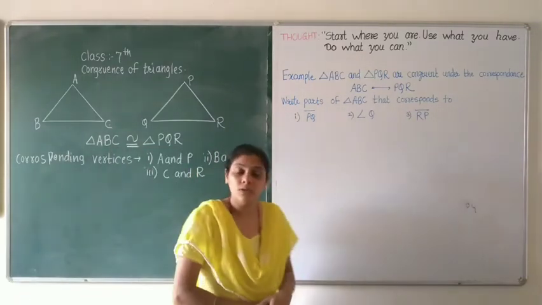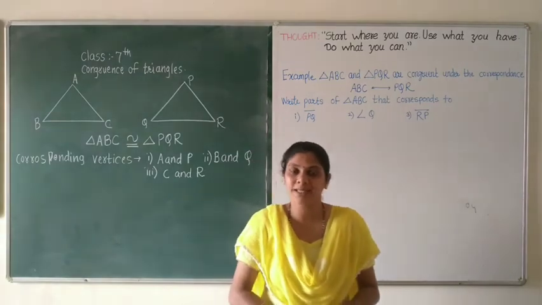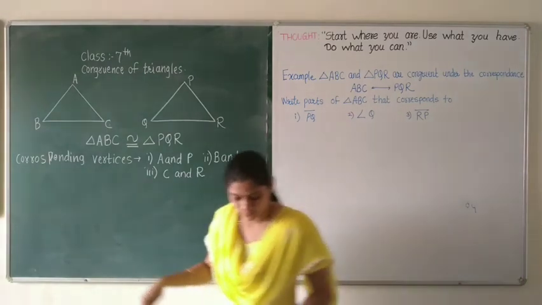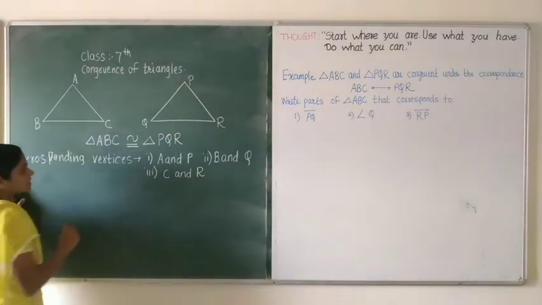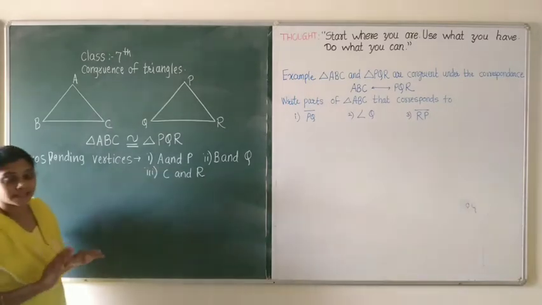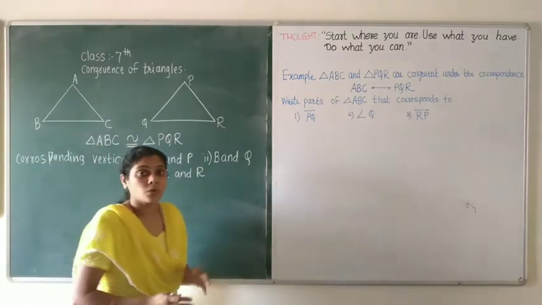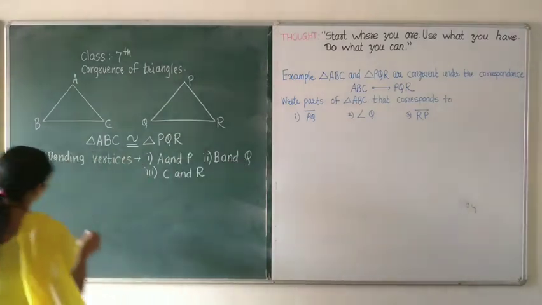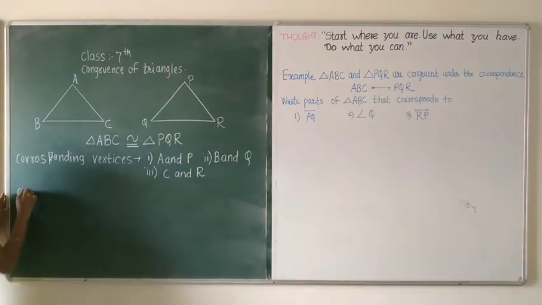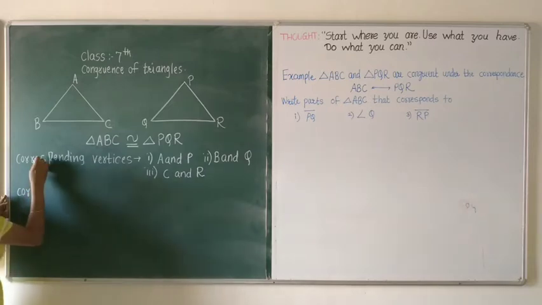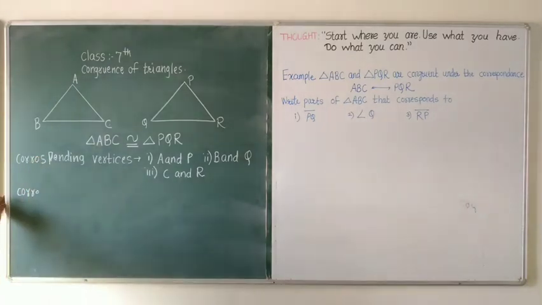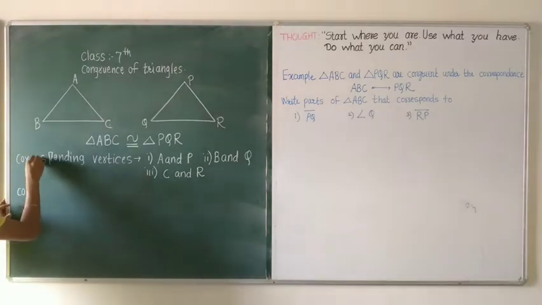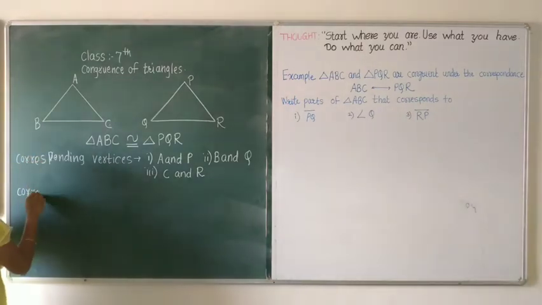Now we are going to write about the corresponding sides. While writing the corresponding sides, we also do not use any symbols. But we write these sides as corresponding to each other. Look here.